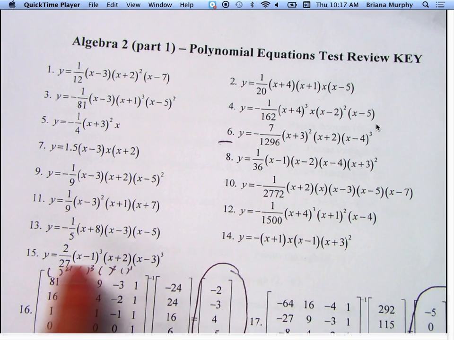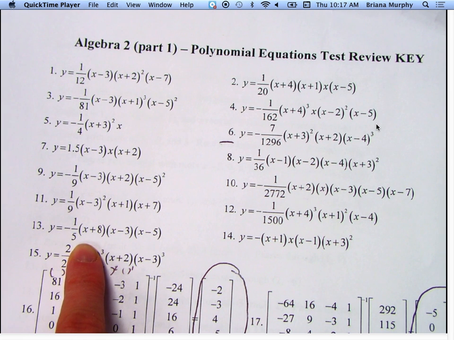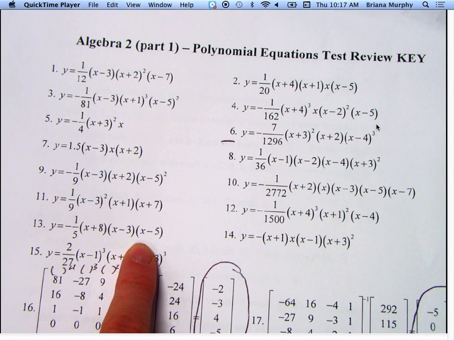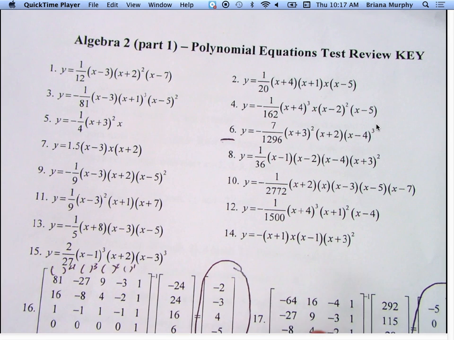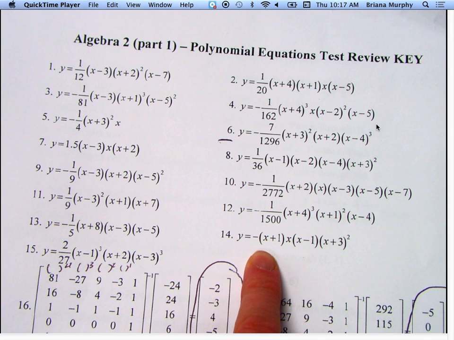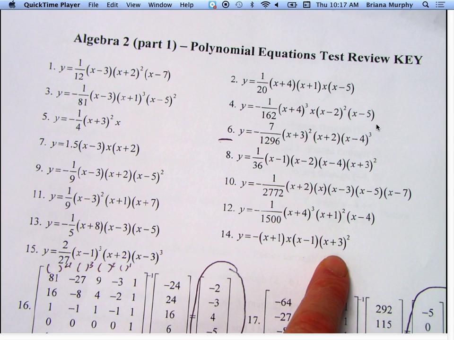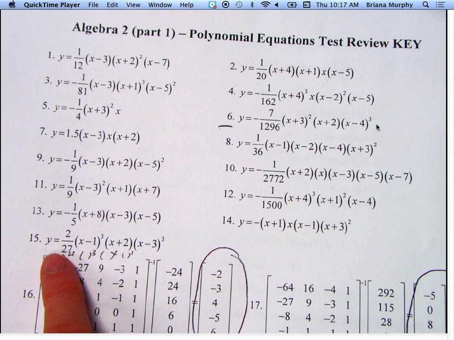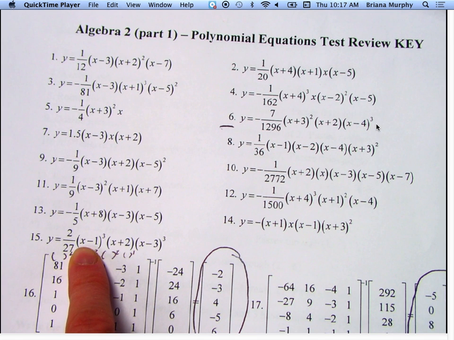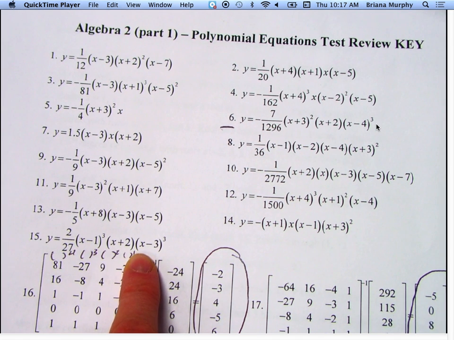Number 13 is y equals negative 1/5 times x plus 8 times x minus 3 times x minus 5. Number 14 is y equals negative x plus 1 times x minus 1 times x plus 3 squared. And number 15 is y equals 2 over 27 times x minus 1 cubed times x plus 2 times x minus 3.